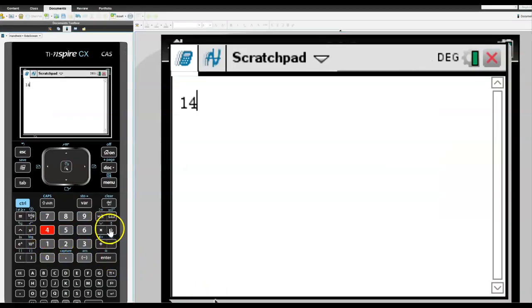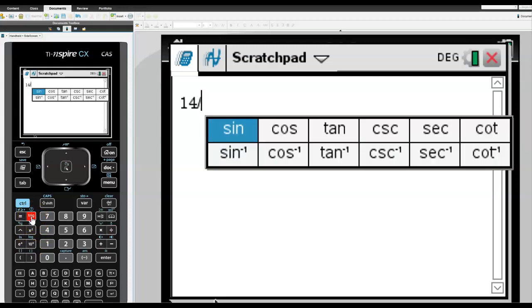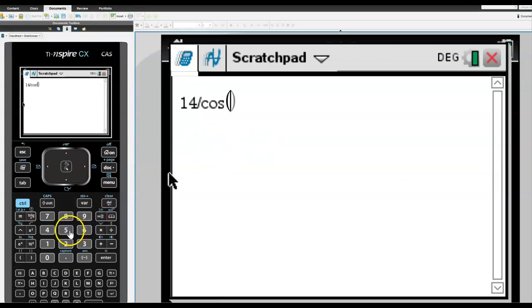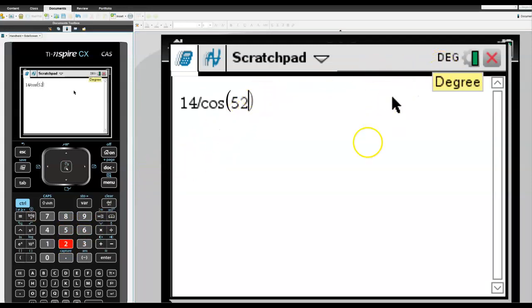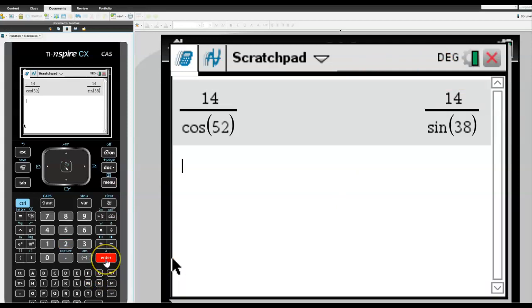14 divided by, here you have this trig button. When you press it, you've got your trigonometric identity. Some other stuff we'll talk about later, but for right now we said it was cosine of 52. When I put in the 52, it knows it's in degrees, so I can hit enter and I get this expression.